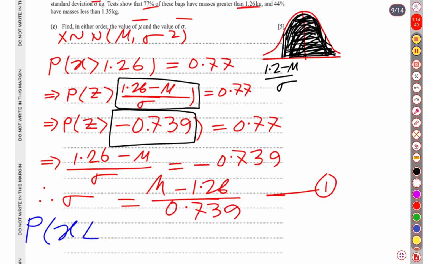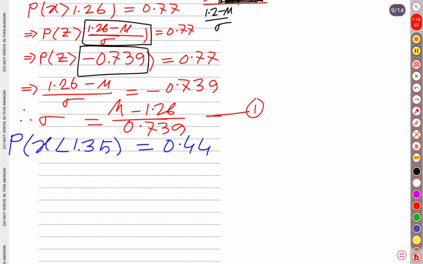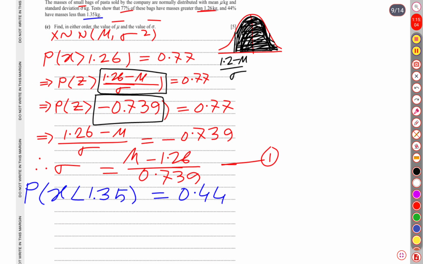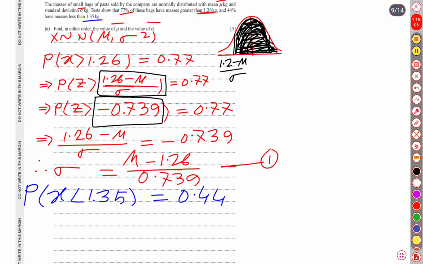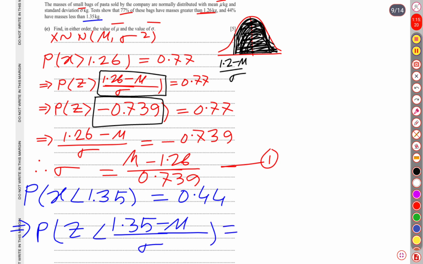Let us standardize this score. It is going to be the probability of z less than (1.35 minus mu) over the standard deviation, equal to 0.44.